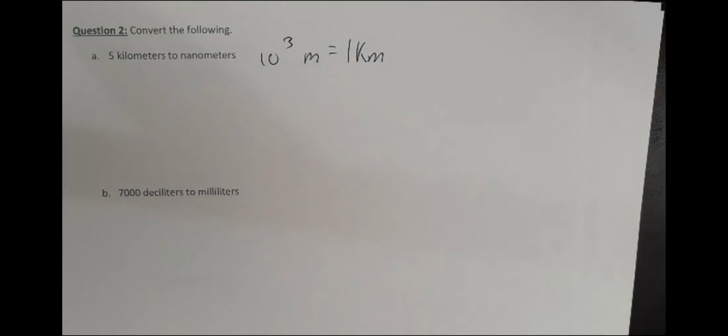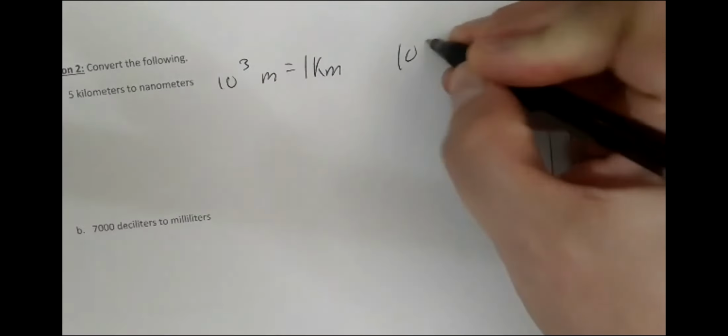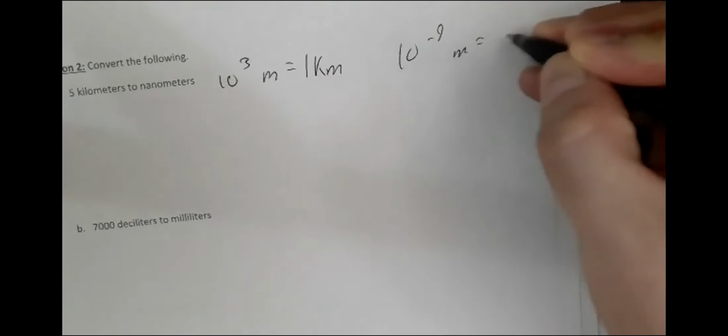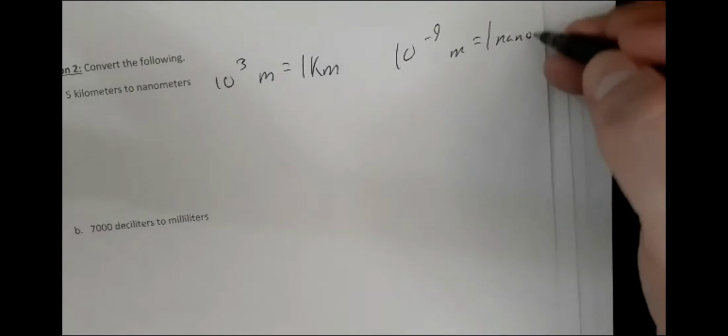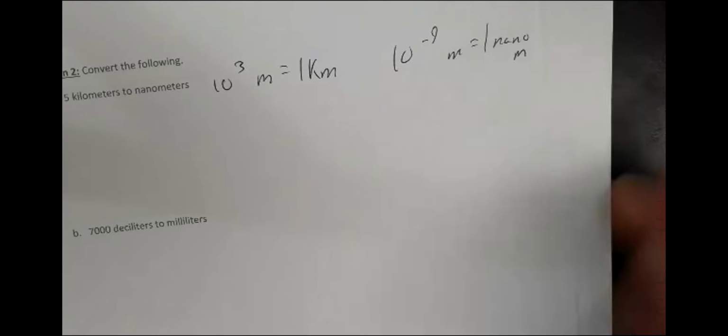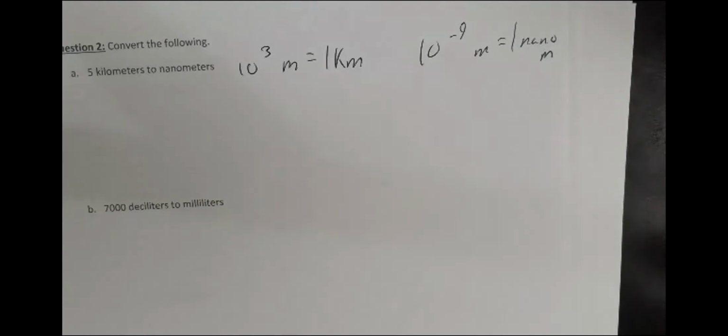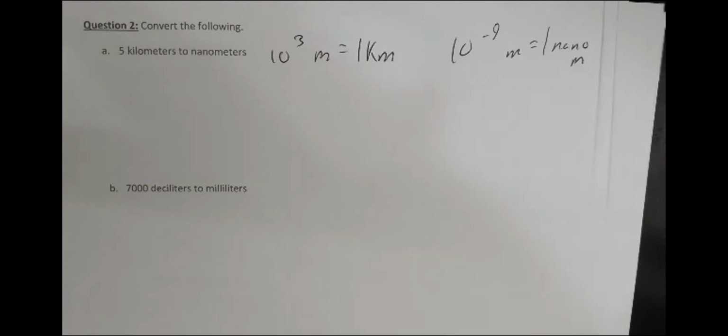And I think we've seen an example of each in our notes. But 10 to the 3rd is the thing that I have for kilometers. The nano is 10 to the minus 9. One nanometer. The important thing is not even what you're measuring here, it's that prefix that we're looking at.